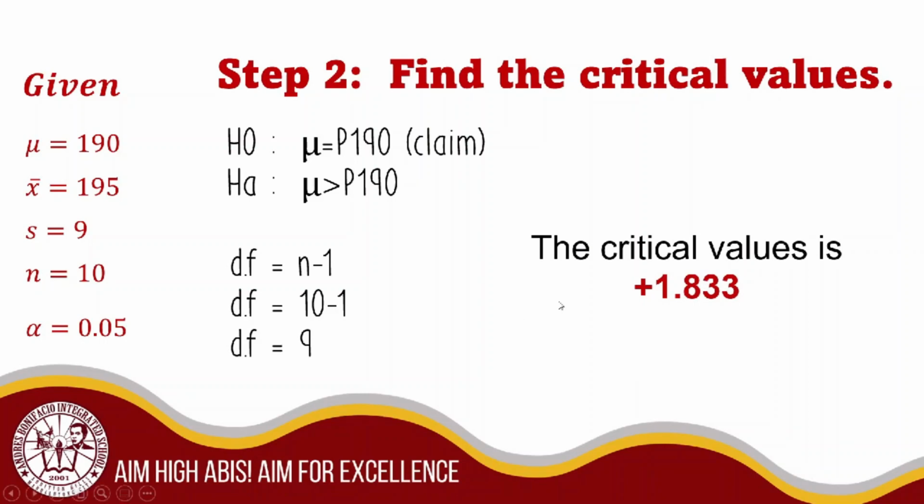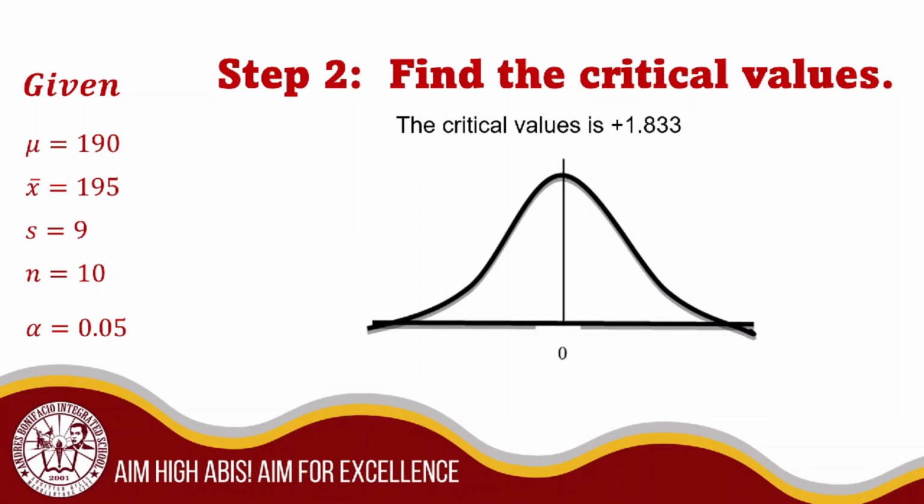Again, our critical value is a positive number because this is a right-tailed test, because the population mean is greater than. Okay? So, let's take a look at the normal curve and let us plot or know where our rejection region is. So, we have here the positive 1.833.